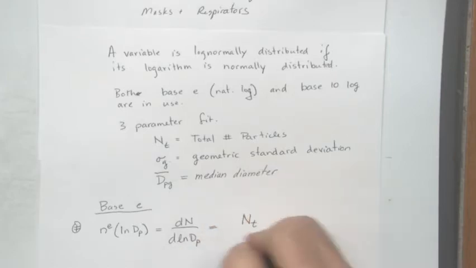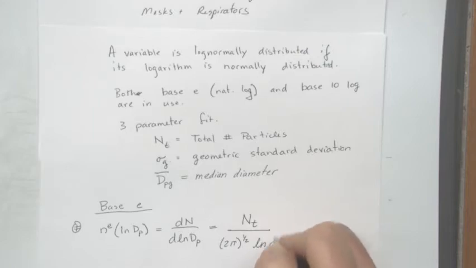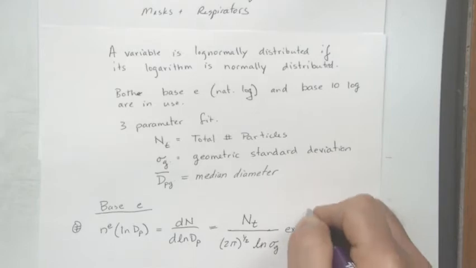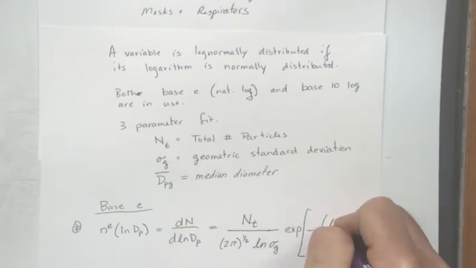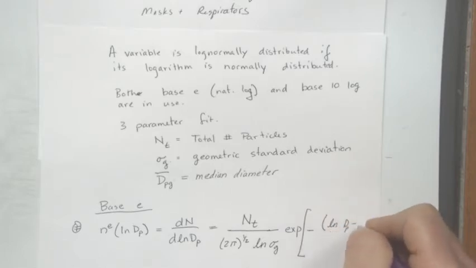So total number of particles, 2 pi square root, natural log of that geometric standard deviation, exp of negative ln dp minus ln dp g over bar squared.